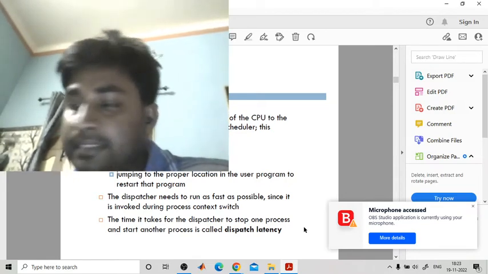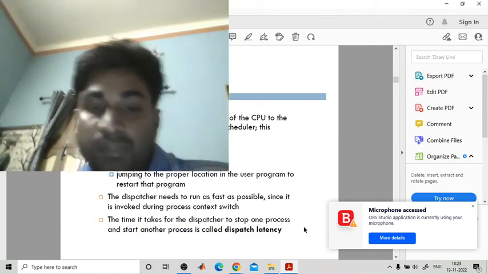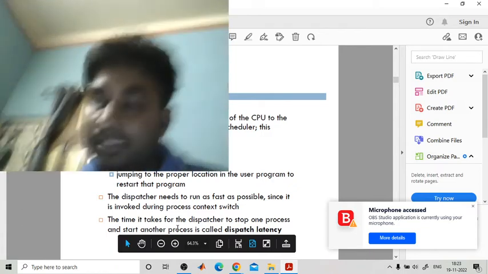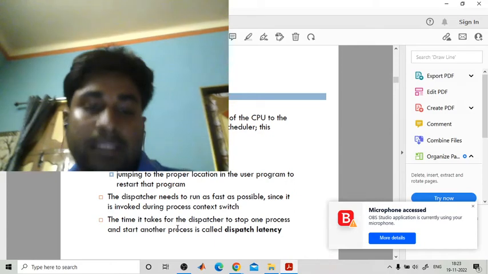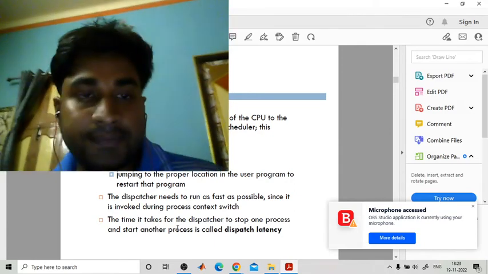So if you stop one process and go to some other process, the time required there will be the dispatch latency.